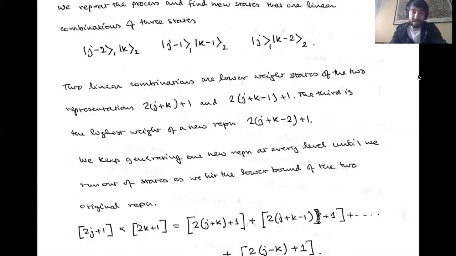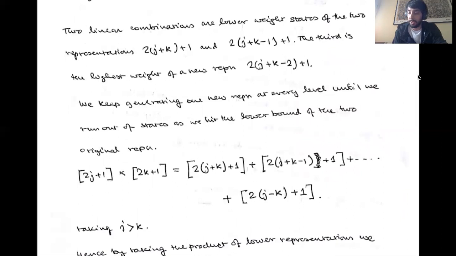So if you have 2J plus 1 tensored with 2K plus 1, like we were trying to do, this is going to break up into representations of 2(J plus K) plus 1, 2(J plus K minus 1) plus 1, and you would go all the way down to 2(J minus K) plus 1. Okay, so that is what is going to happen.